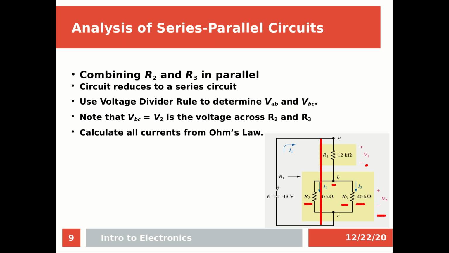So if you want to calculate I3 and I2, you have to know V2, and if you want to know V2, you have to know R total. So you use the total voltage to divide it between these elements. That's how we know for each element the resistance, the voltage and the current in each component of the original circuit. This is a simplified one.